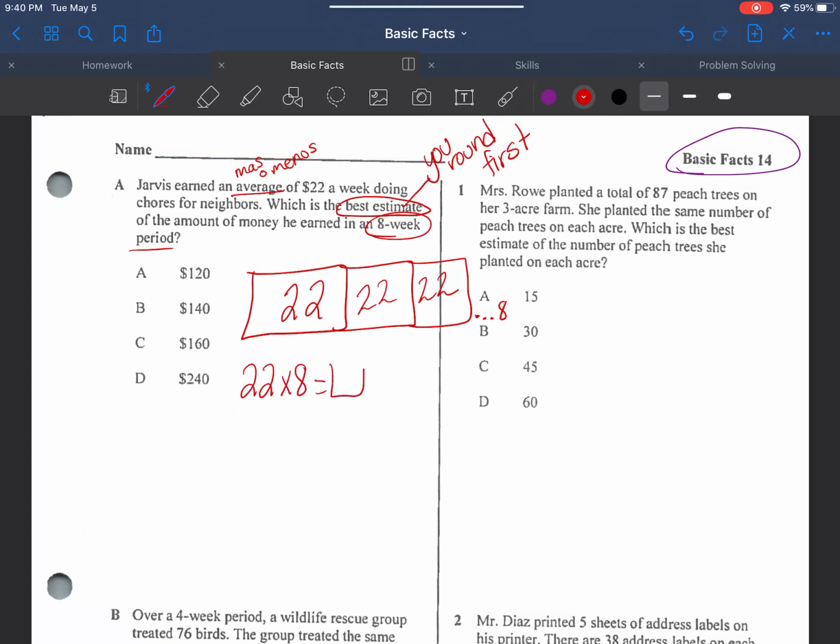We know that the number is repeating, so I'm going to have to multiply 22 times 8. Before we multiply, when it says best estimate, we need to round first. So I have 22. I'm going to underline my tens and circle the number to the right.